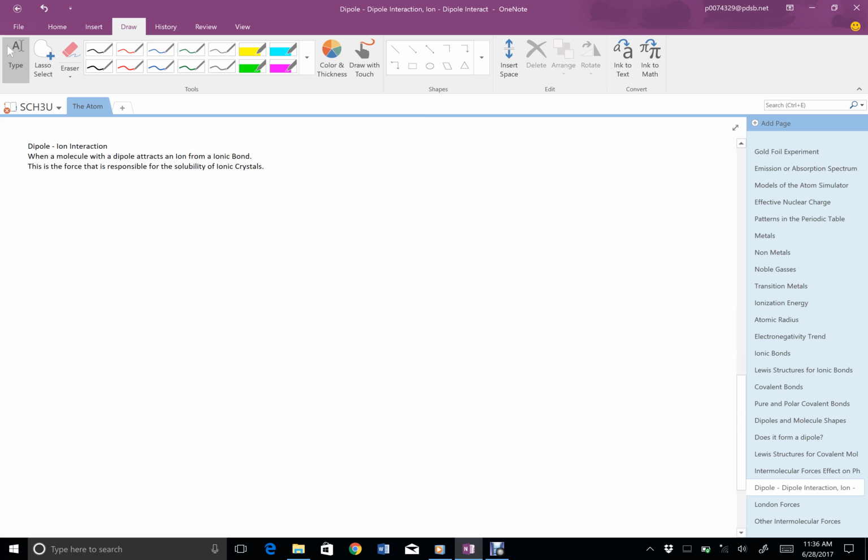Ion-dipole interaction. So this is when an ion from an ionic crystal, let's say somebody like sodium, is interacting with a dipole in something like water. And this is the interaction that's going to lead to this salt crystal being soluble.